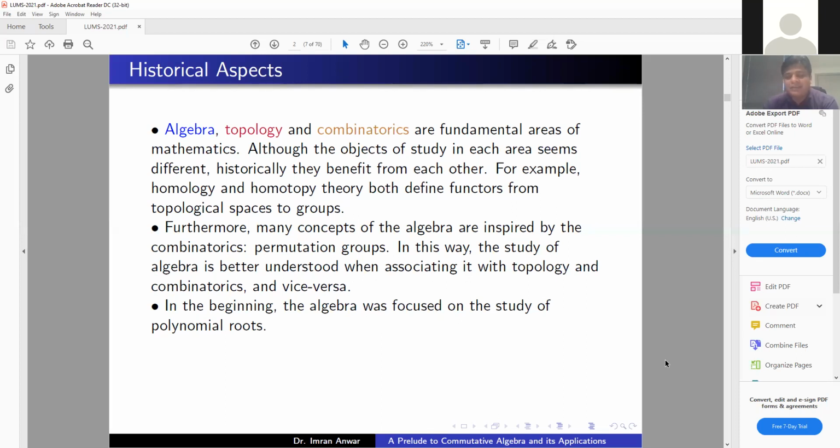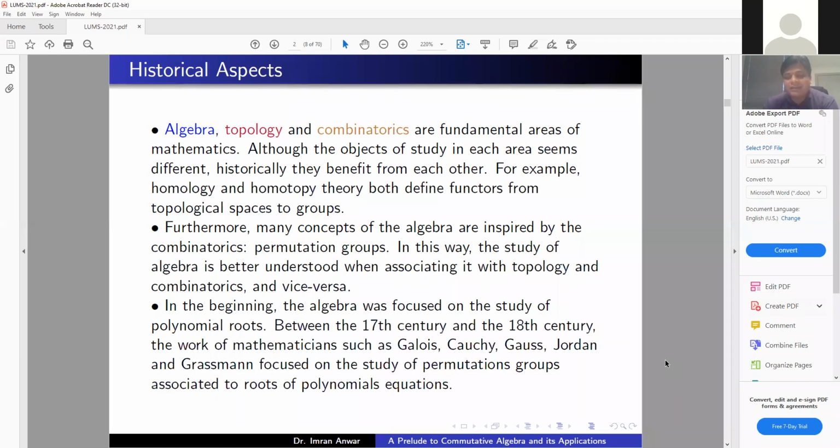But in the 17th and 18th centuries, mathematicians such as Galois, Cauchy, Gauss, Jordan, and Grassmann focused on the study of the permutation group associated to the roots of a polynomial. If you have come across Galois theory, which was introduced by Galois, it is all about the study of the roots of a polynomial with the help of permutations.